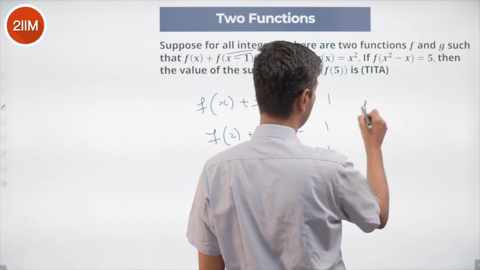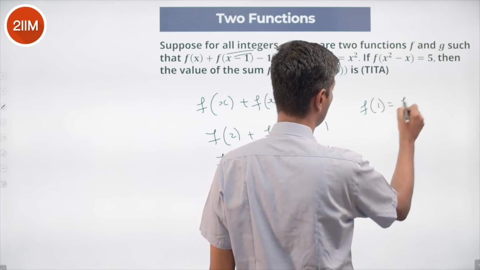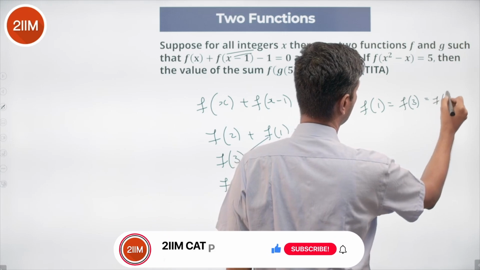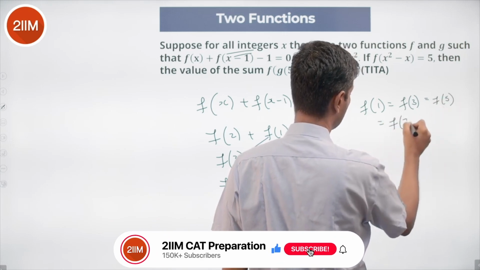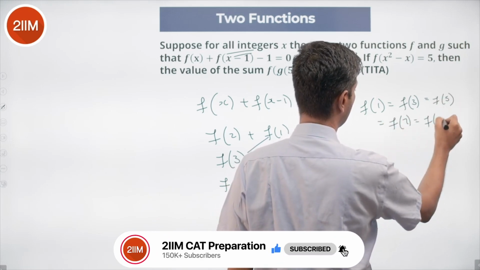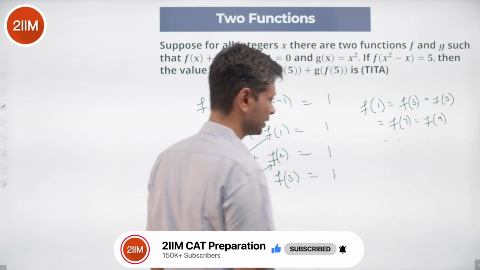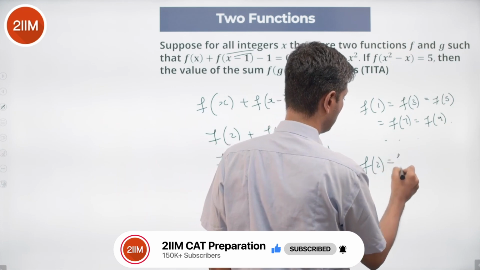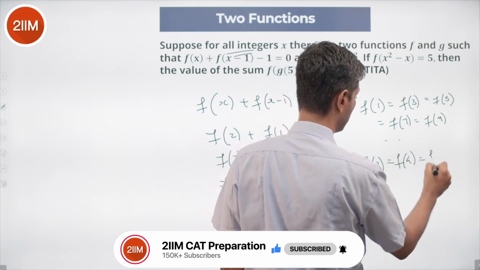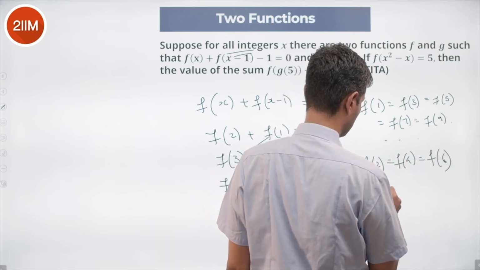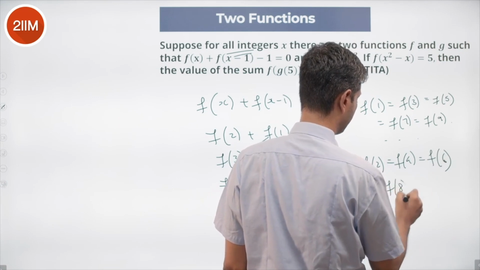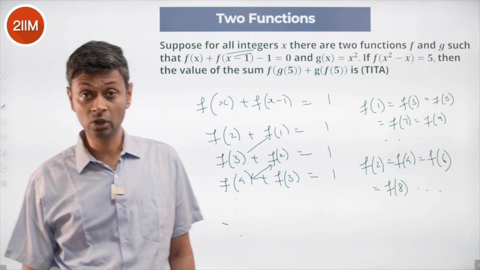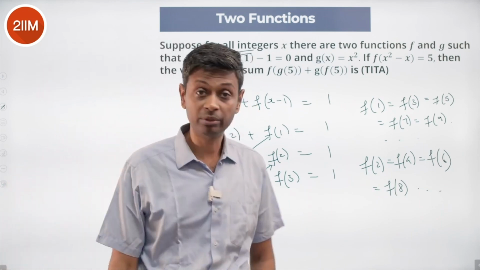We'll get a wonderful equation, which is f of 1 equal to f of 3 equal to f of 5 equal to f of 7 equal to f of 9 and so on. Exactly the same approach: f of 2 equal to f of 4 equal to f of 6 equal to f of 8 and so on. All even numbers, f of that will be the same. All odd numbers, f of that will be the same.